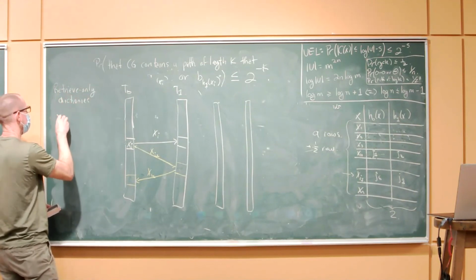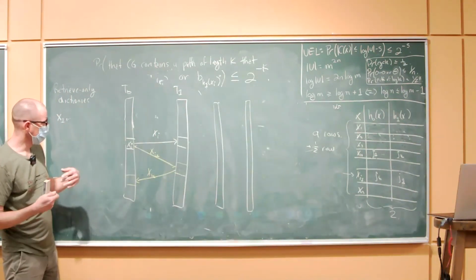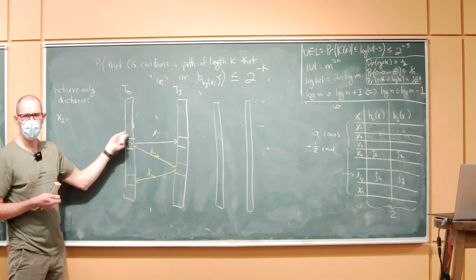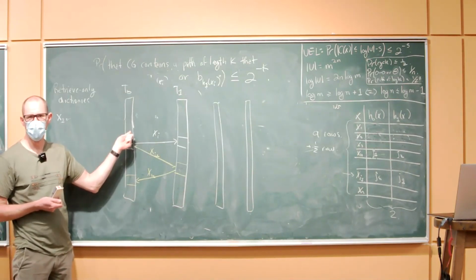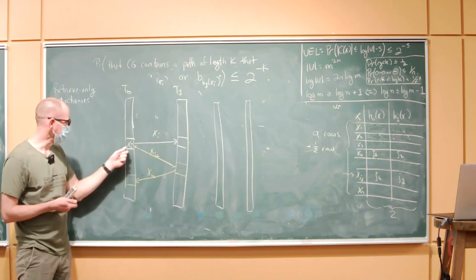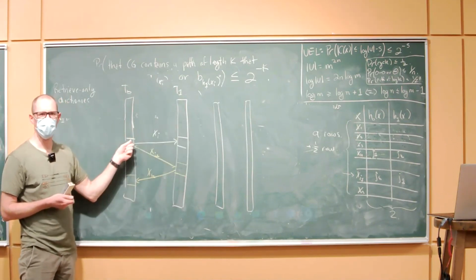And searching in a cuckoo hash table is easy. When I want to look for x, I compute h0 of x, I see if it's there. If not, I look for h1 of x and see if it's there. Those are the only two possibilities. So like perfect hashing, this takes constant time to do searches.